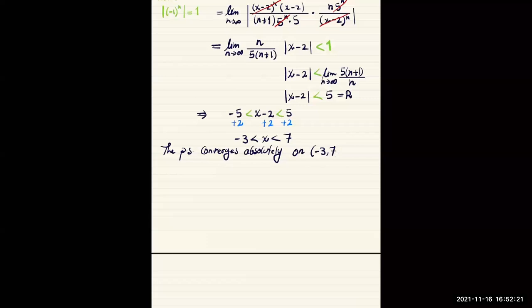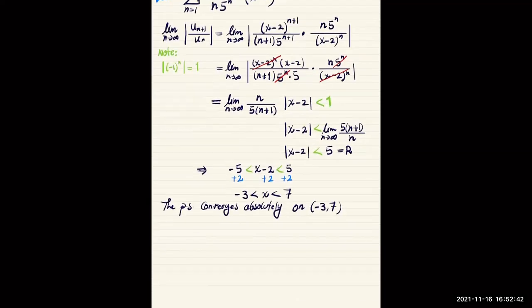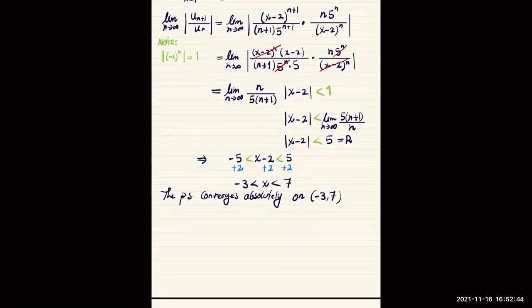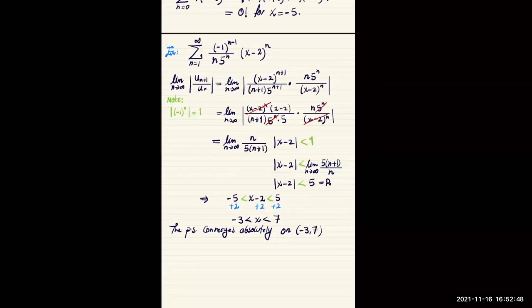Okay, but we are not done yet, because we don't know what is happening at those endpoints. At those endpoints, we know for sure the power series is not converging absolutely, but it can still converge. If you do a ratio test at the endpoints, the ratio test is inconclusive.